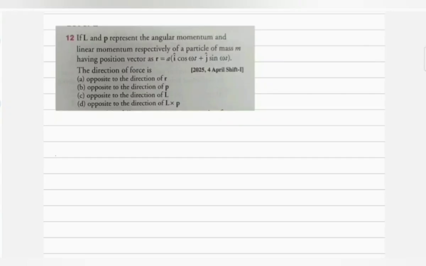If L vector and P vector represent the angular momentum and linear momentum respectively of a particle of mass m having position vector r vector equals A times cos omega t i cap plus sin omega t j cap, the direction of force is: option A, opposite to the direction of r vector; option B, opposite to the direction of p vector; option C, opposite to the direction of L vector; option D, opposite to the direction of L vector cross p vector.